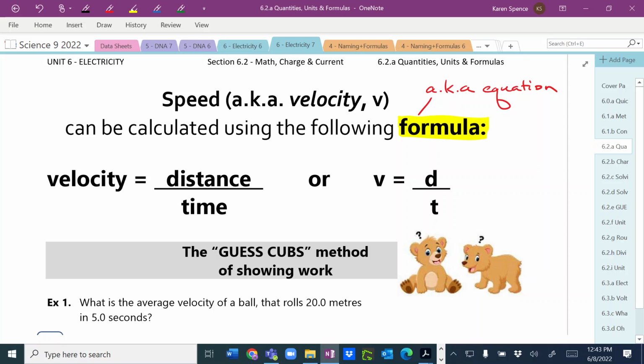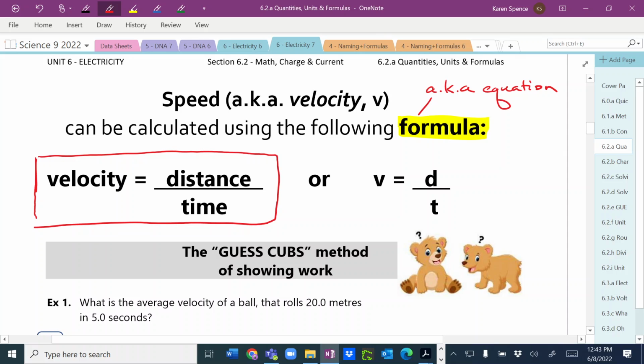There's actually a few little distinctions there, but I'll let your physics teacher deal with that in grade 11 if you take physics. So you can either write the formula in word form, velocity equals distance over time, or you can write it using the abbreviations, v, lowercase v, is equal to d over t.